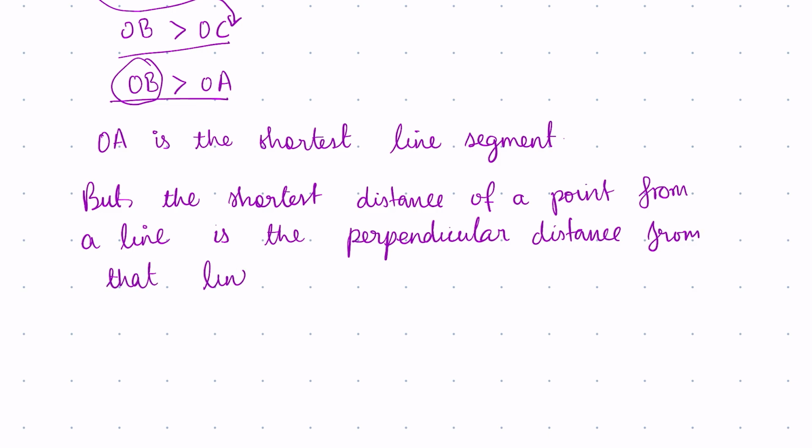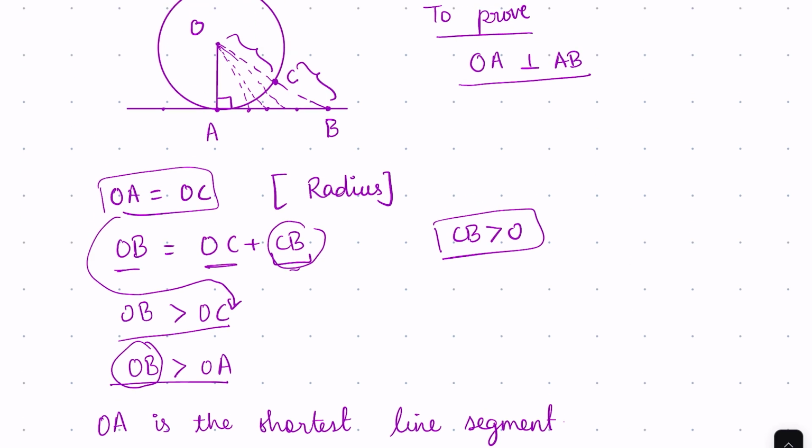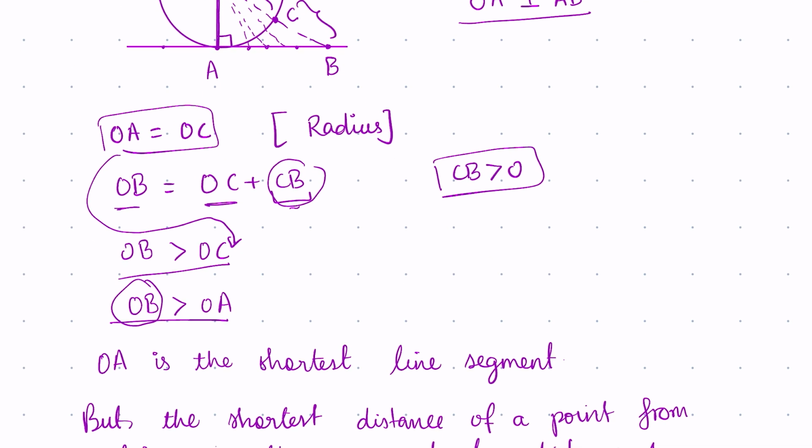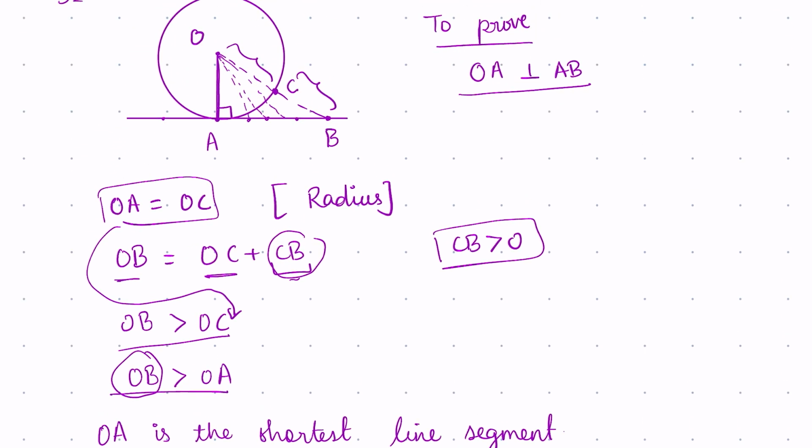Okay, so since OA is the shortest distance from point O to the line segment AB, OA must be perpendicular to AB. Which is what we wanted to show.